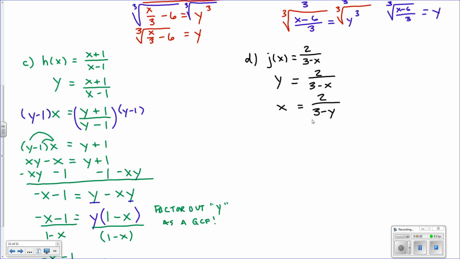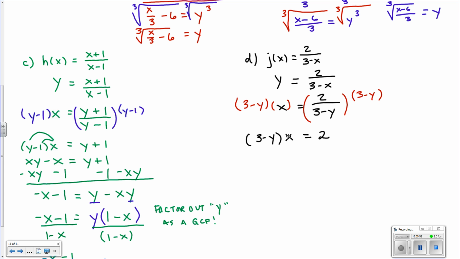Now we still have to get our variable out of the denominator, so let's multiply each side by 3 minus y. So 3 minus y times x equals 2.